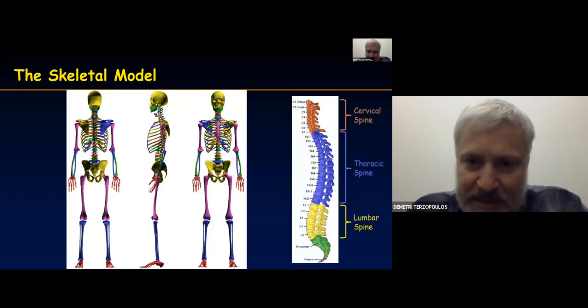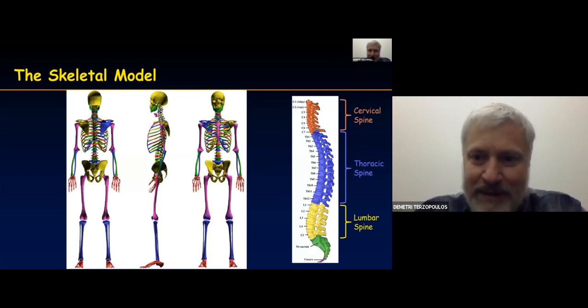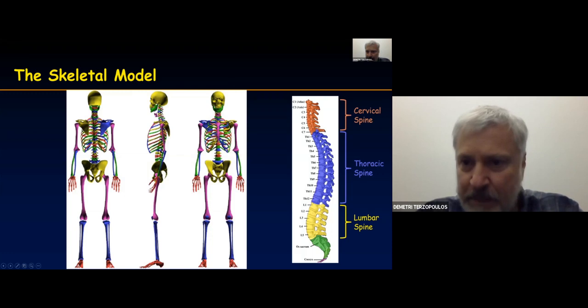Now, what's very important in the human body is the spine. We saw part of it already, the cervical part up here, but there are many more vertebrae along the spine. You can divide it into three parts: the cervical part, the thoracic part over here, and the lumbar part down here.